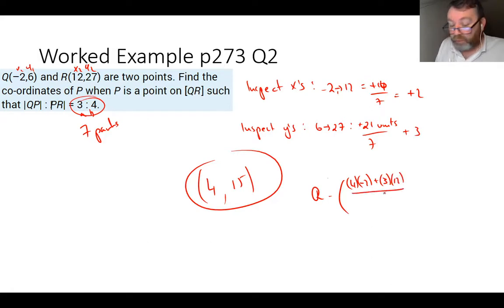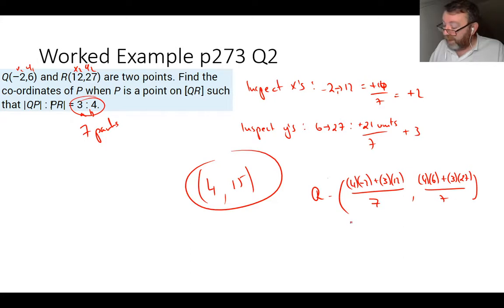And that's all over 3 plus 4, which is 7, comma, B y1. So B is 4 times y1, which is 6, plus A y2, which is 3 times y2, which is 27. Okay, and that's all over 7.